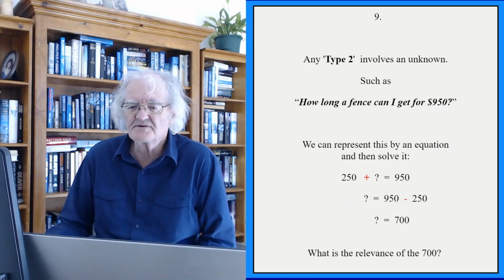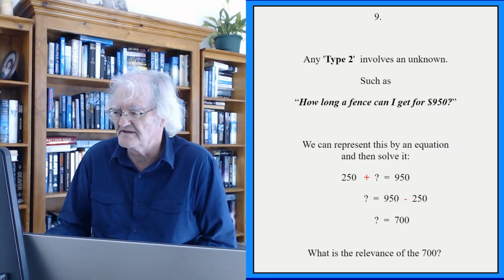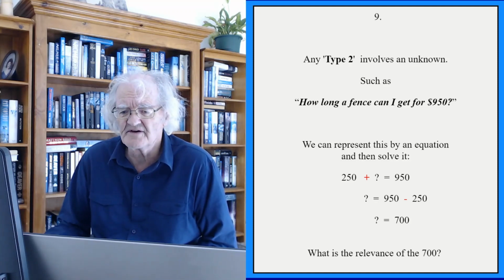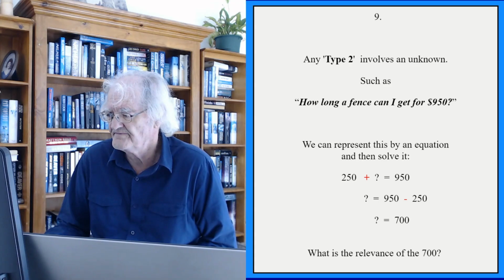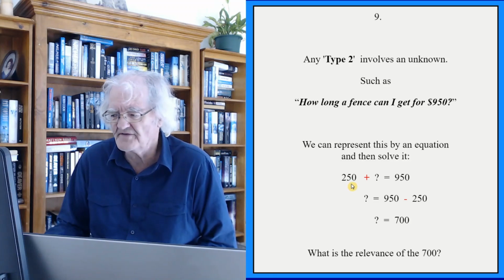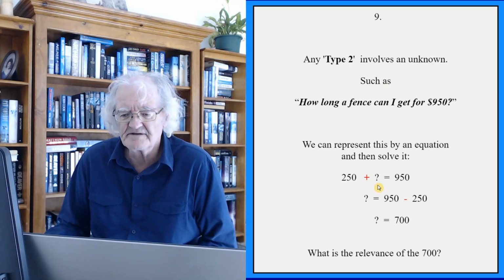Now, any type 2 maths involves an unknown, such as how long a fence can I get for $950? We can represent this by an equation and then solve it. So the equation is 250 for the fixed costs plus an unknown amount for the fence itself makes a total of $950.